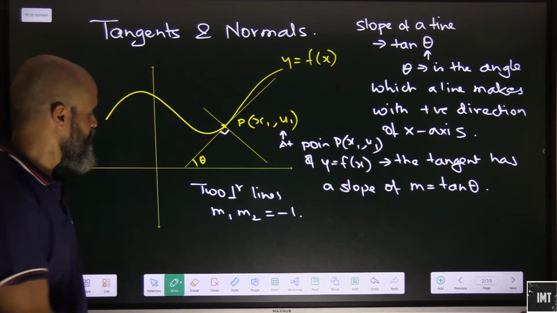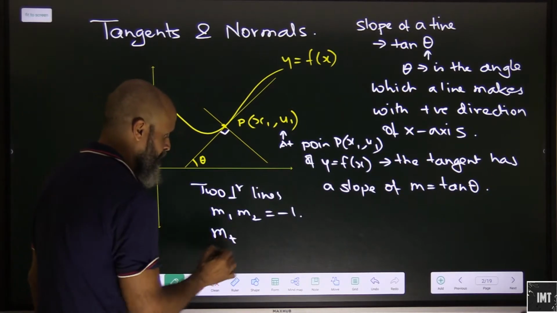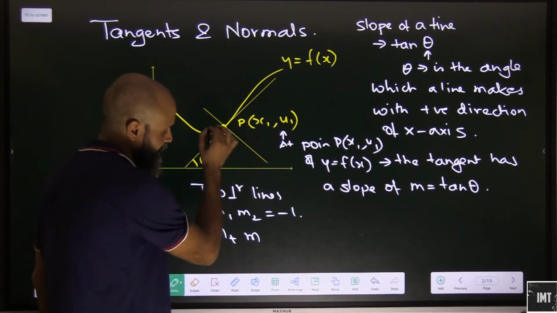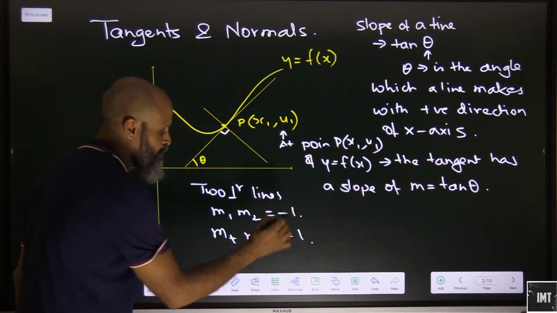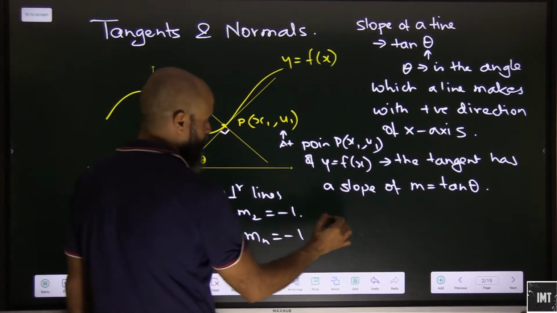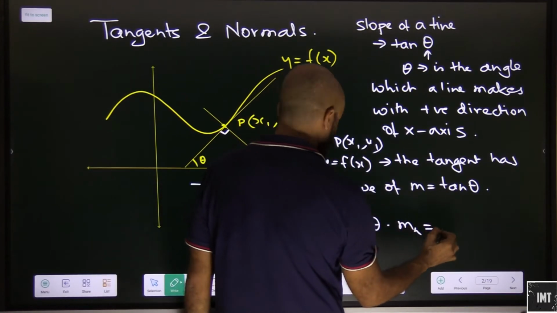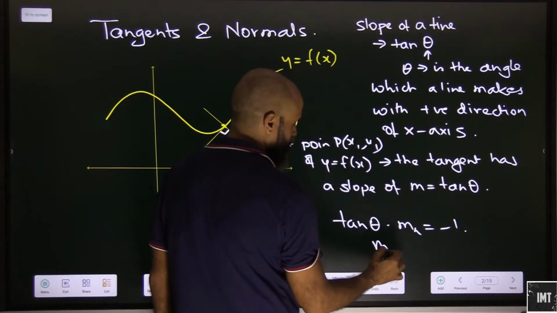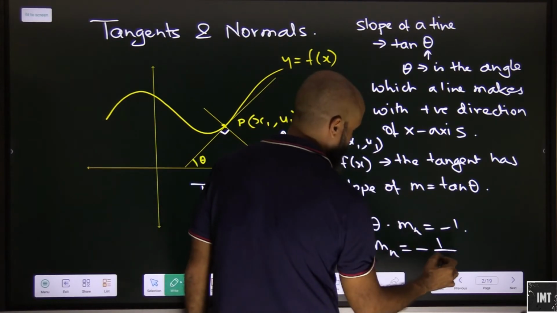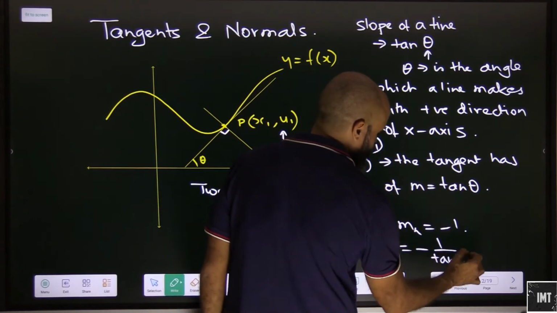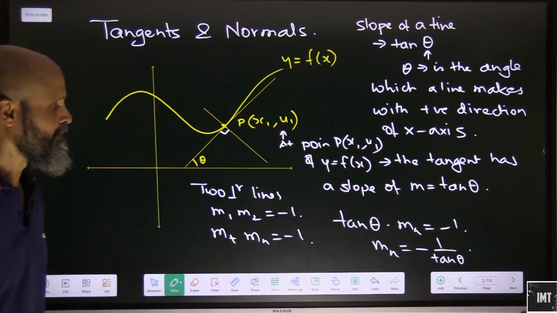So m of tangent into m of normal will be equal to -1. We know m of tangent is tan theta, so m of normal will be equal to 1 upon minus tan theta, that is, -1 upon tan theta.